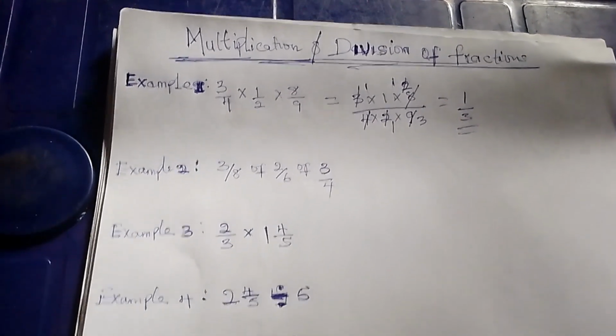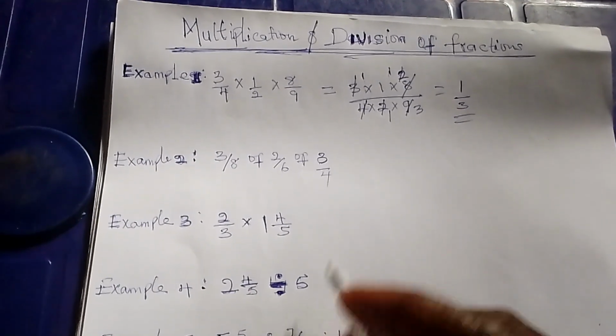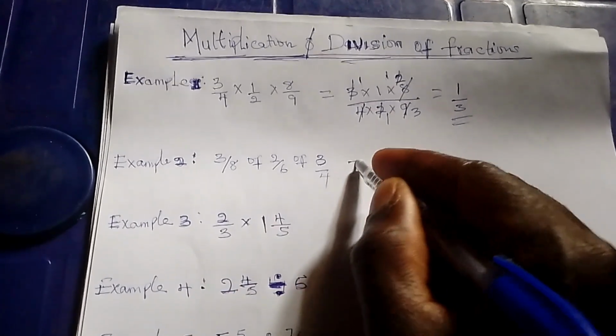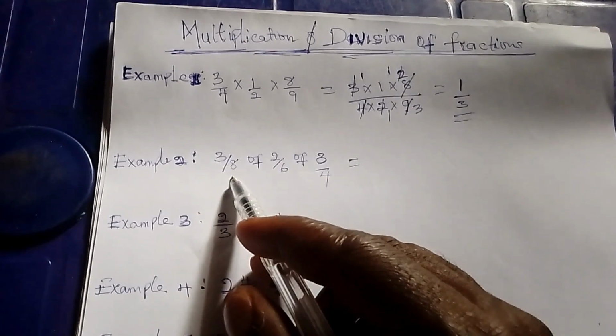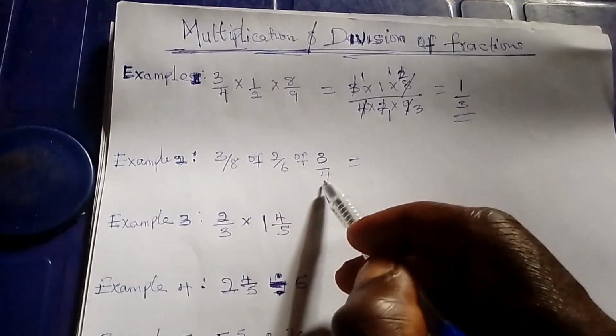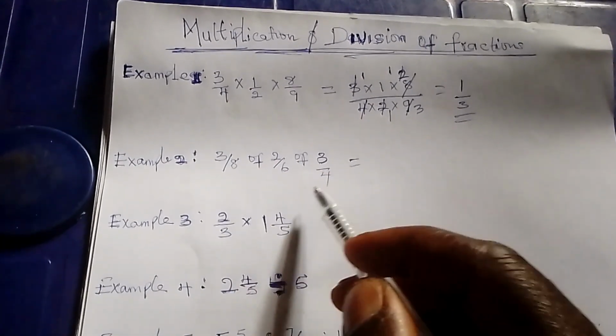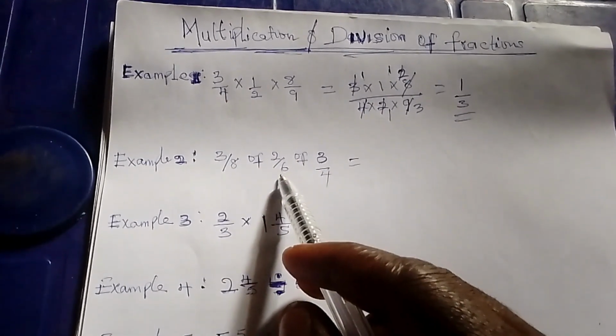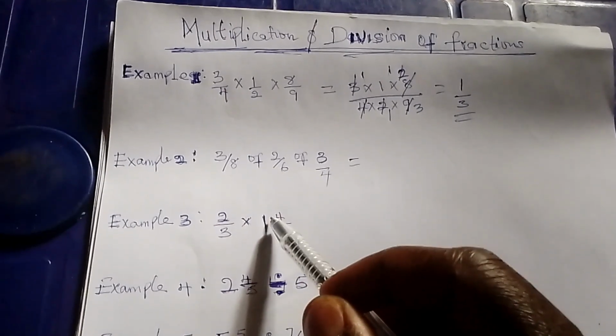Okay, coming to the second example, you have 3 all over 8 of 2 over 6 of 3 over 4. You know, in fractions, each time you see "of", it's the same thing as multiplication.